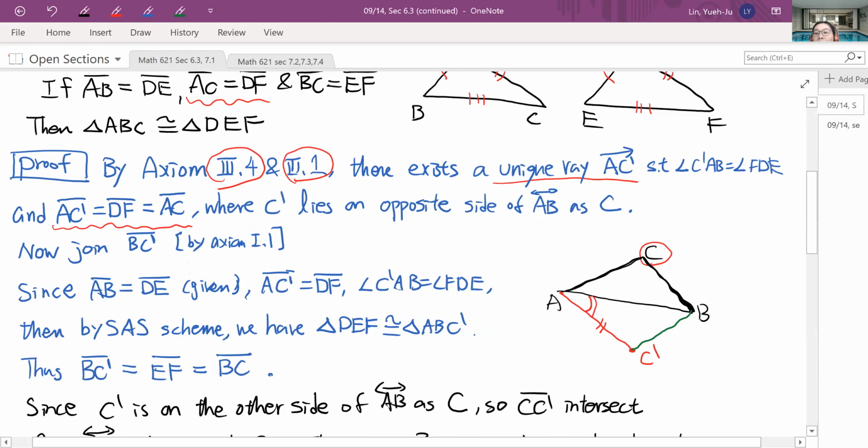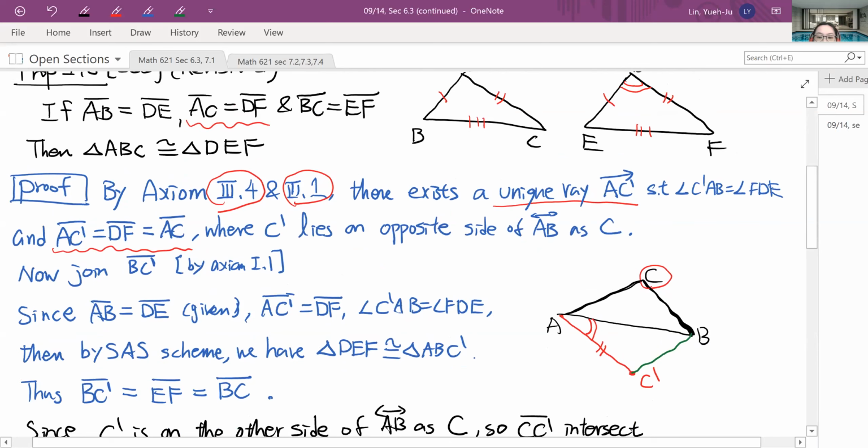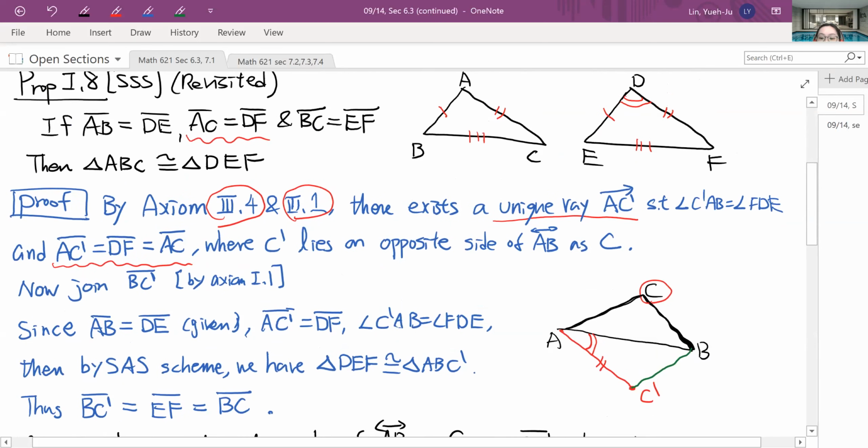Now we're going to compare these 2 triangles. Let's see what information we have. AB equals DE, so we have side AB here and DE, and I put 1 bar. AC prime is DF, that's the double bar for another side.